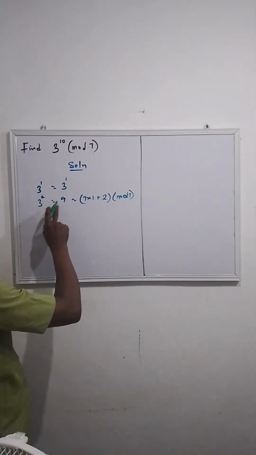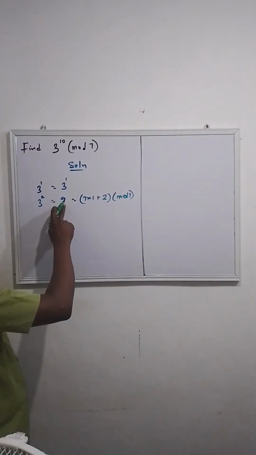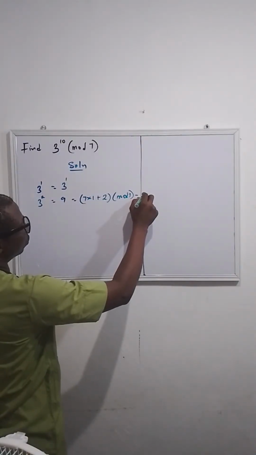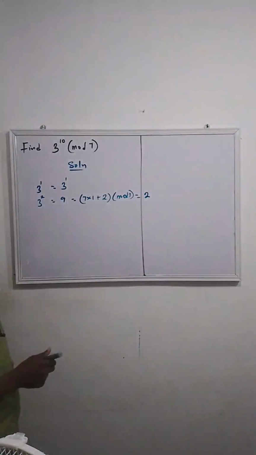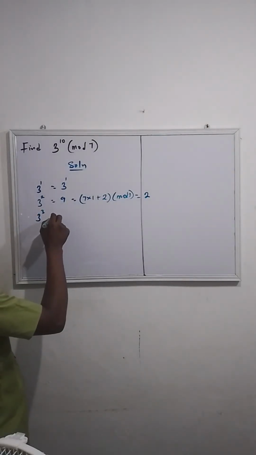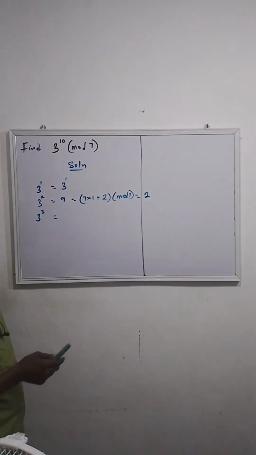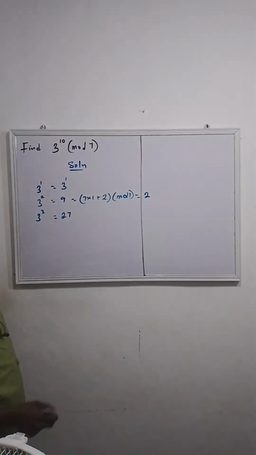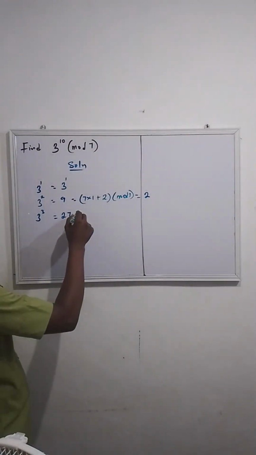So 3 raised to the power of 2, which is 9, is the same thing as 2. The next one is 3 raised to the power of 3, and that gives you 27.